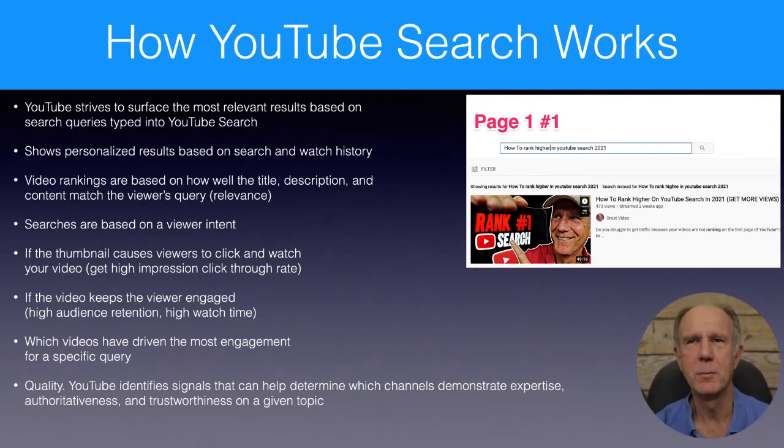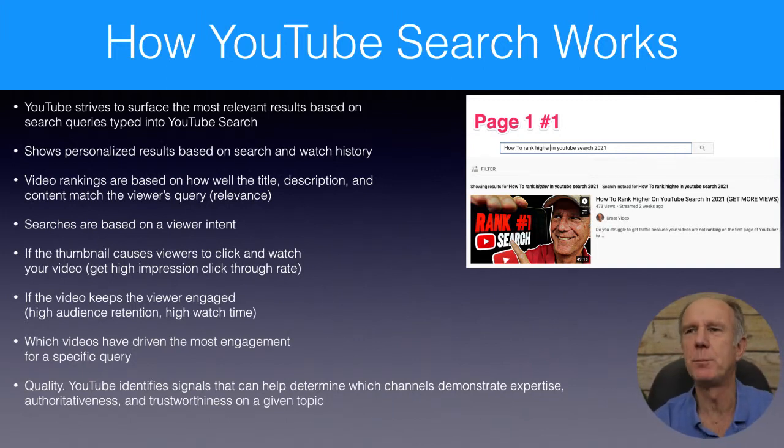So if somebody's putting that search query into the search engine, how to rank your videos on YouTube search in 2021, then they come across my video and watch the video. And then if I make more videos about ranking in YouTube search, then those videos could also be suggested.